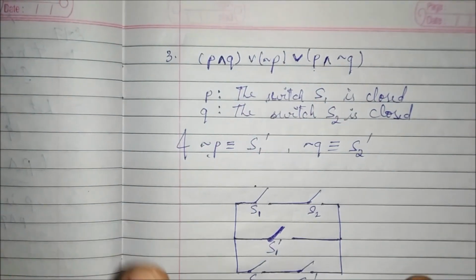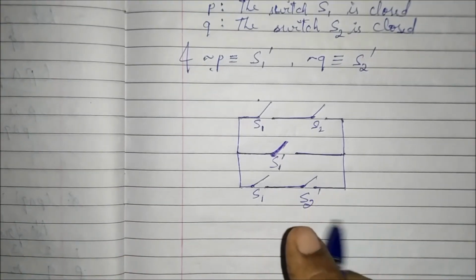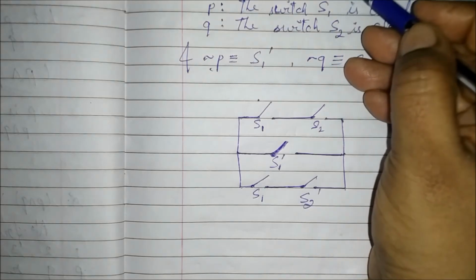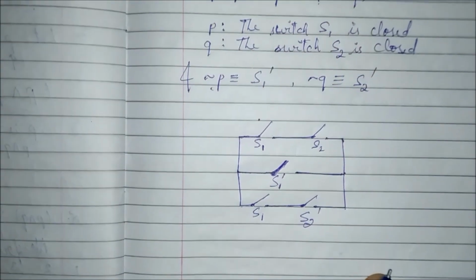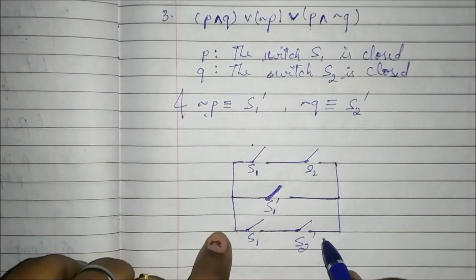Okay. So this is the circuit. S1 and S2 dash, this is P and not Q connected in series, and the whole thing is connected in parallel.